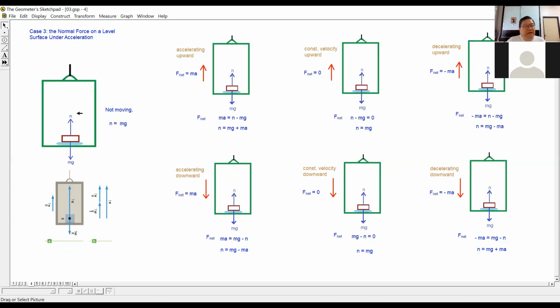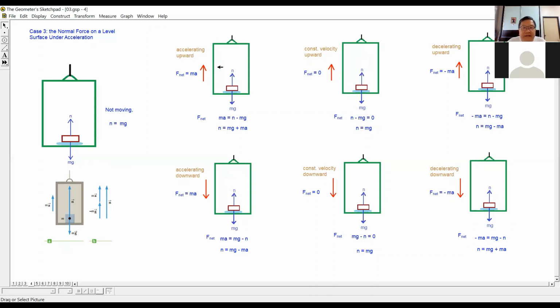When the lift is not moving, the normal reaction and the weight are the same. Now, let us consider the case when the lift is moving upwards. We can have three possible cases.